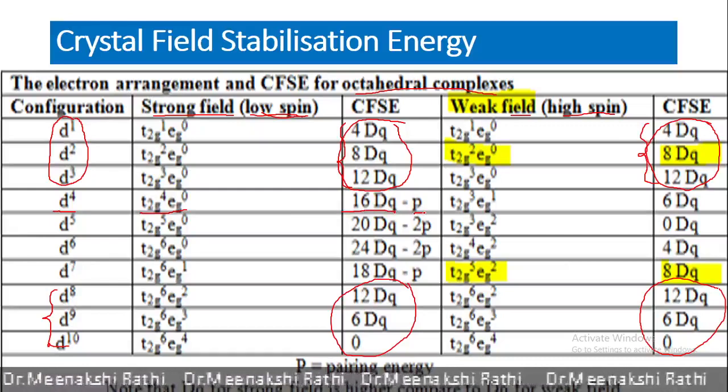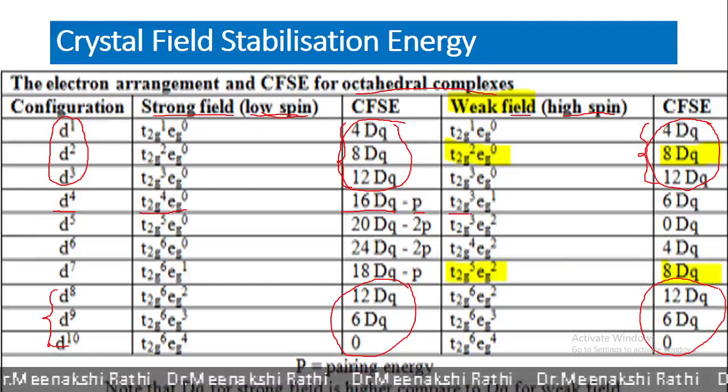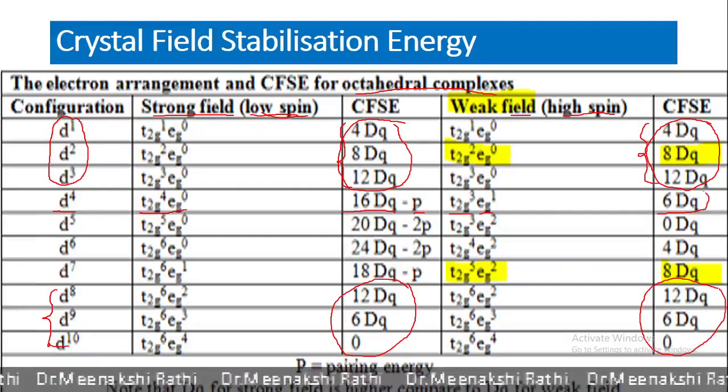But when 4 electrons are placed in a weak field, they are distributed like T2g3 Eg1, and the CFSE is 6 Dq.